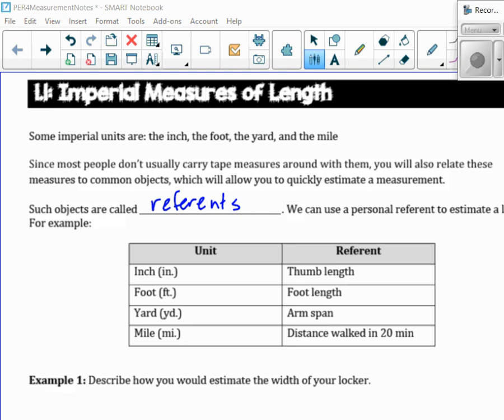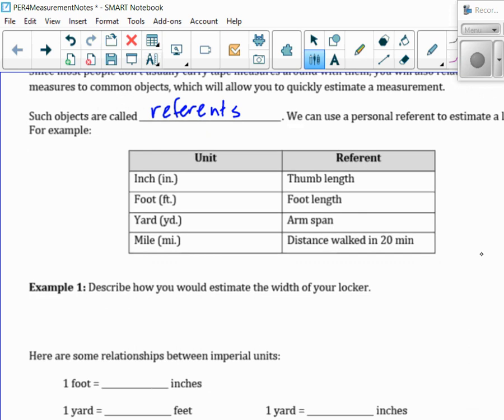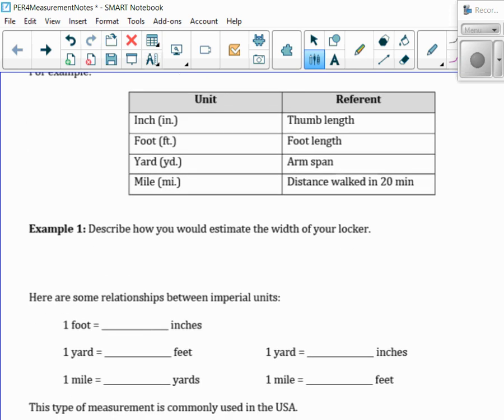Anyways, describe how you would estimate the width of your locker. So what would you use for the width of your locker? This is in the imperial system, so centimeters is not in the imperial system. You could put your foot beside it?